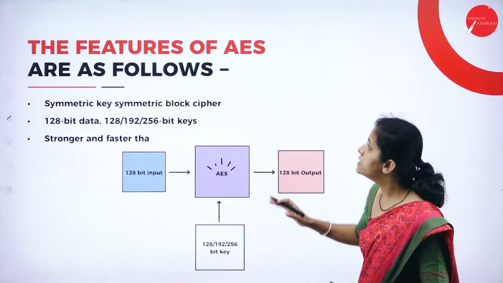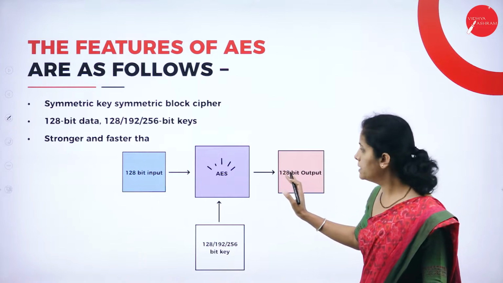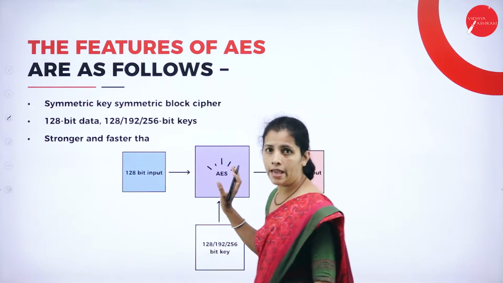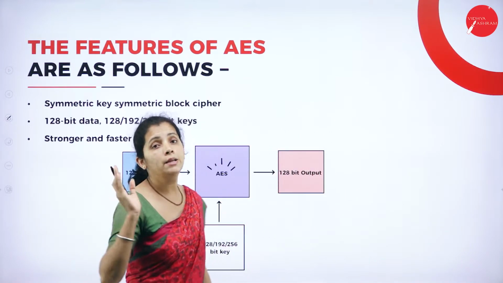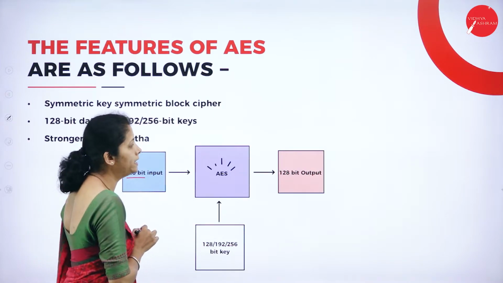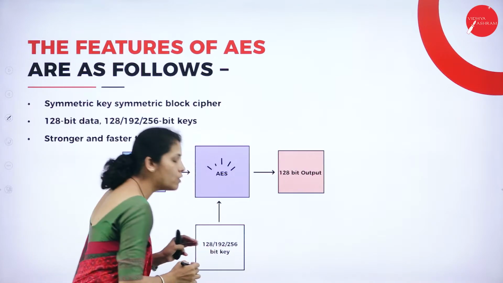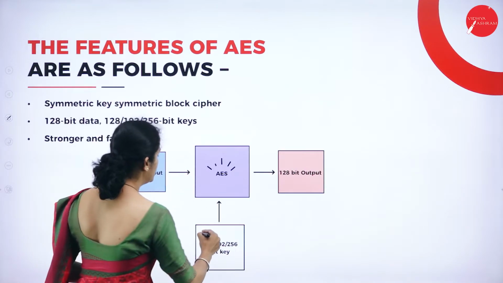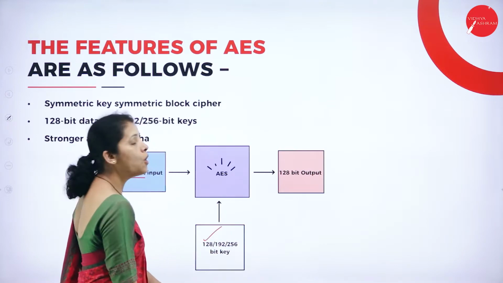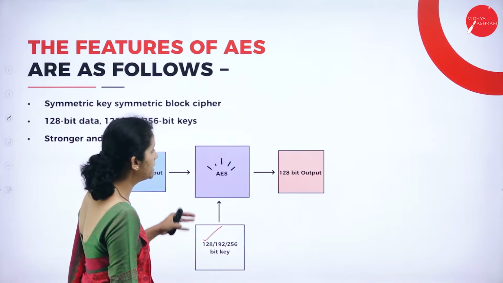Now see, this is the feature of AES. That means if I consider AES, what is the input size? That is 128-bit input. And I can make use of 3 different keys, that is 128 or 192 or 256-bit keys.